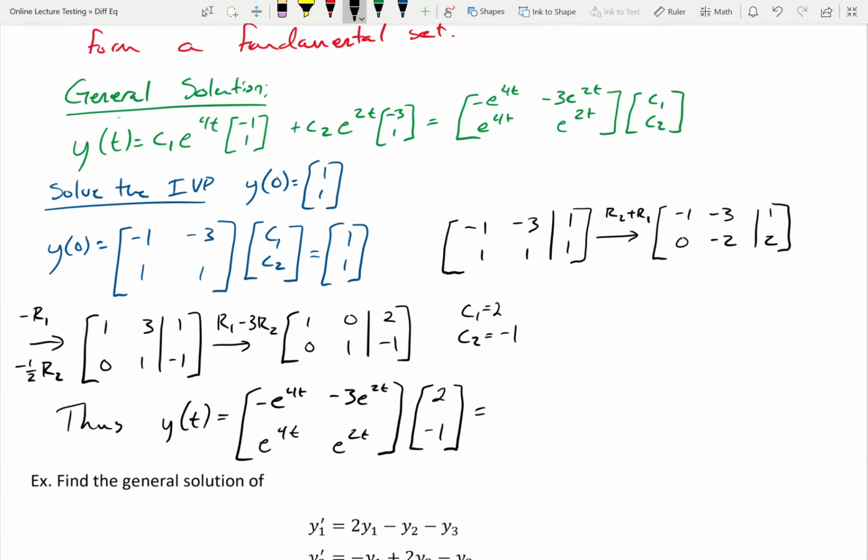And then if we multiply this out, this will give us our two solutions. So negative 2e to the 4t plus 3e to the 2t. And then this row times this column, we're going to get positive 2e to the 4t minus e to the 2t. And that's all we have to do.